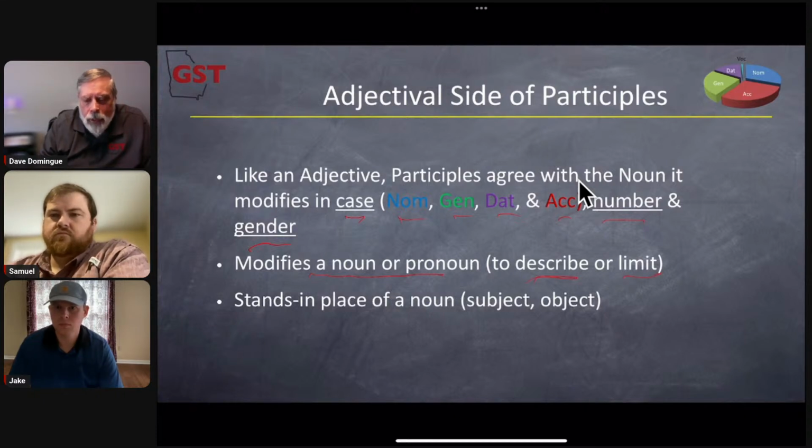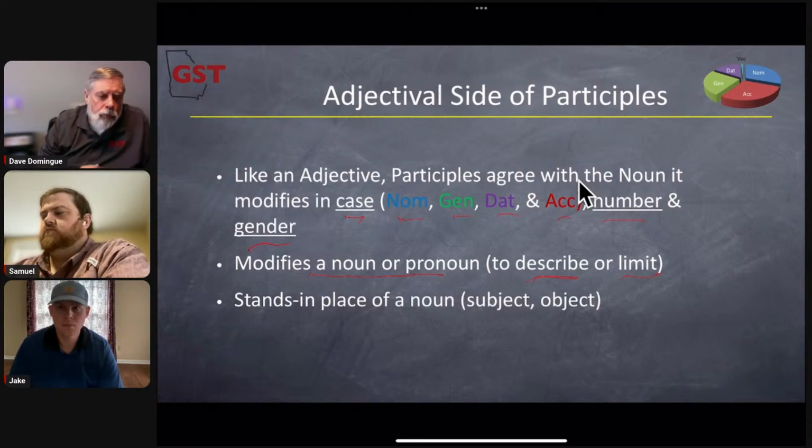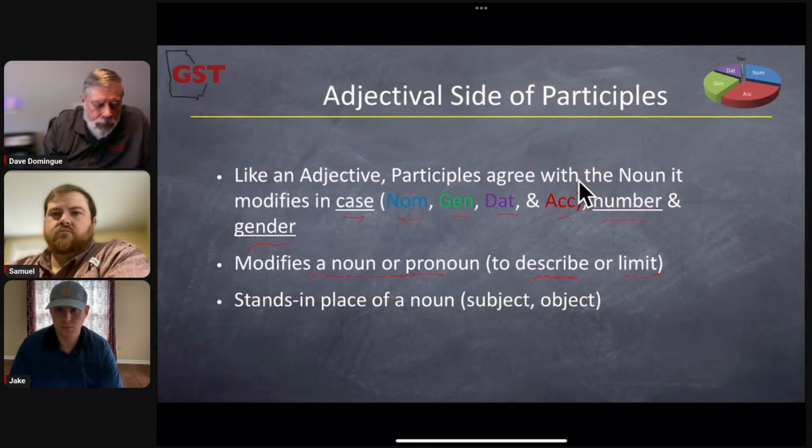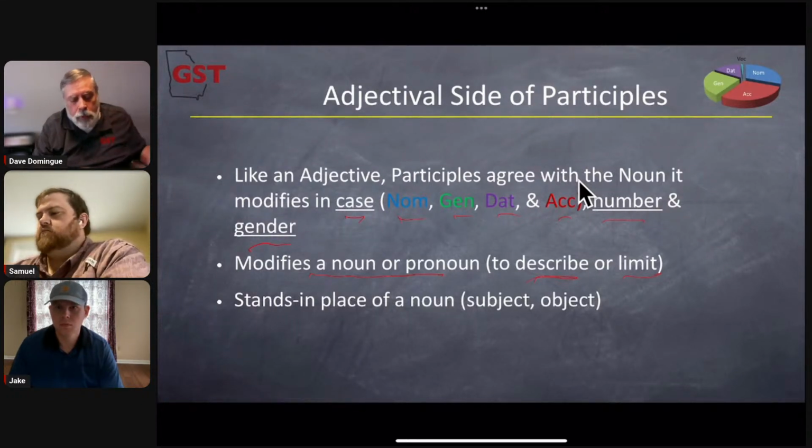To describe would be like "the pretty dress." To limit it might be "the pretty blue dress." Both are adjectives, both are descriptive, and it has a limiting effect. Once you describe it, you generally limit it from all other dresses. And as we mentioned, it can stand in place of a noun functioning as a subject or object.